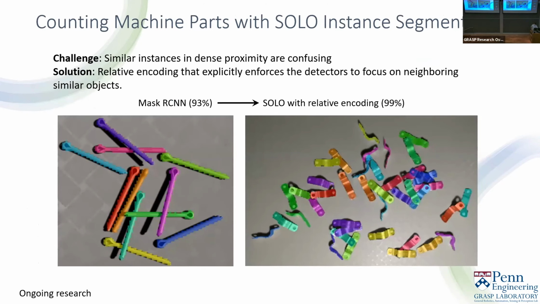We have also worked, in collaboration with a company, on automatic counting in manufacturing. We also proposed some interesting techniques on top of the current instance segmentation algorithms to boost the performance.